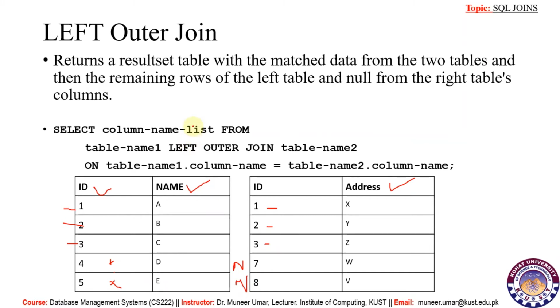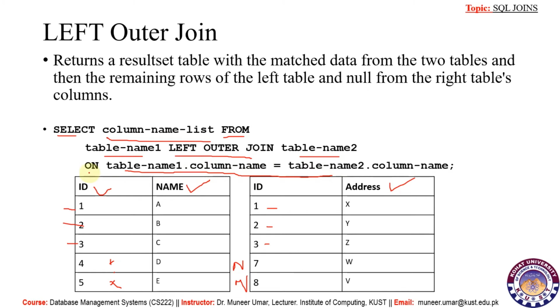The query for left outer join is select, then list of the attributes from first table, which would be the left table, then keyword left outer join, and second table the right table, and after that the attributes which would be matched in both the tables.